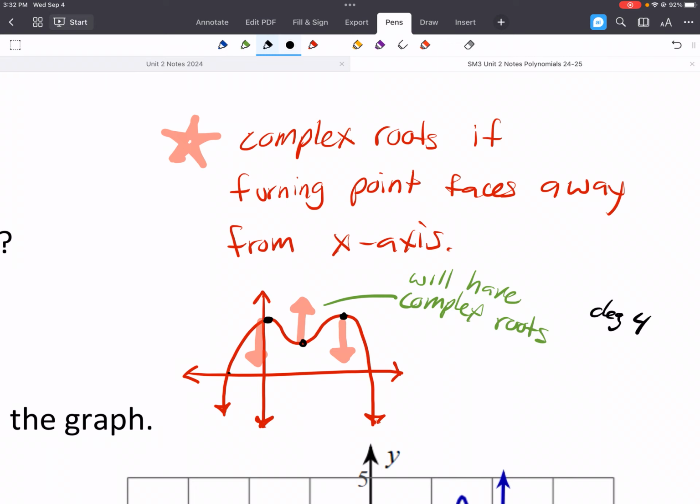And if we look at this, we only have 2 x-intercepts. That means the other 2 have to be complex, right? Or I guess we could have multiplicity. But I think for this example, there wouldn't be, okay? So if your turning point is facing away, then we would end up having 2 complex roots.